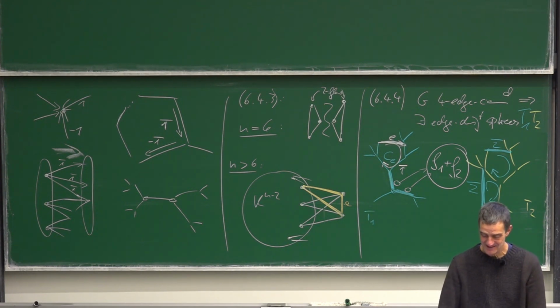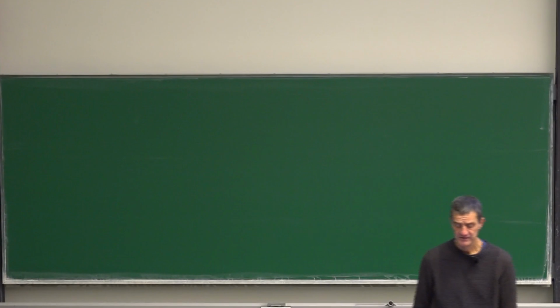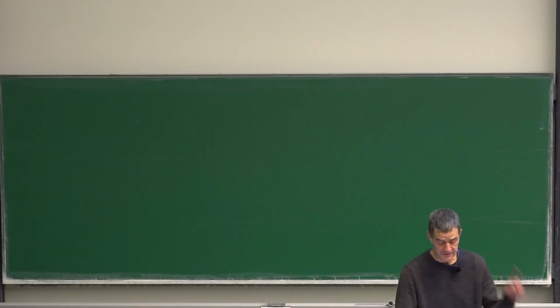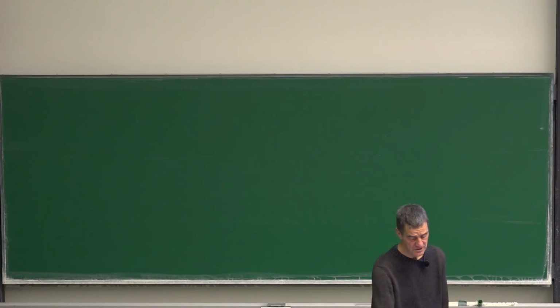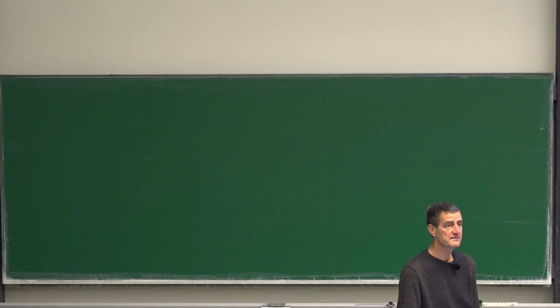Okay, that's 645. A graph has a 4 flow if and only if it's the union of 2 even subgraphs. So a subgraph is even if all its vertex degrees are even, and union does not mean edge disjoint union.